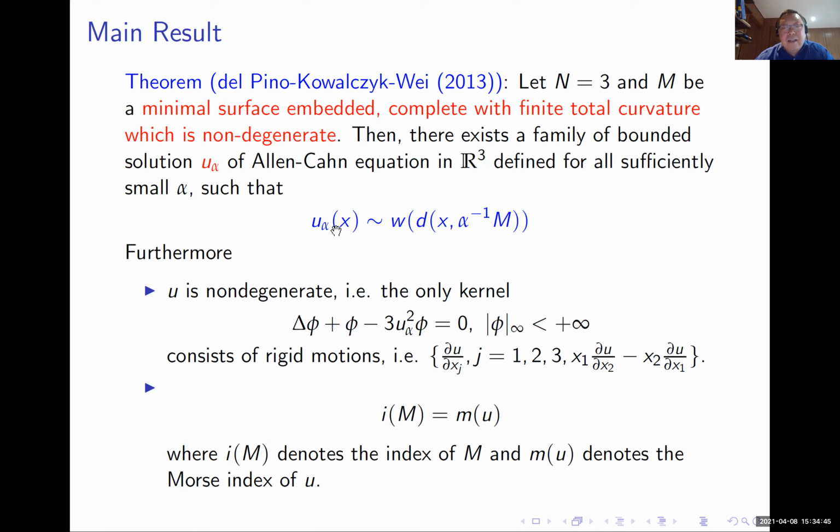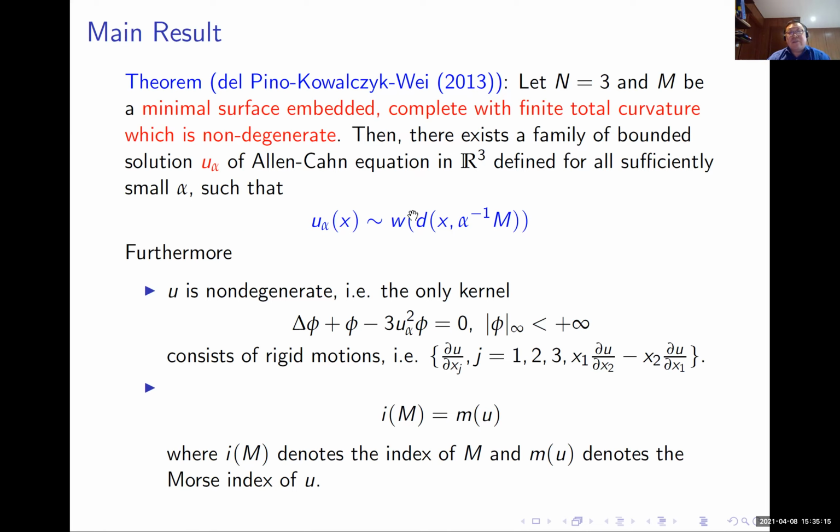And the nodal set of u is M over alpha. So you take the minimal surface, but you scale it by a small parameter, so your minimal surface becomes large.